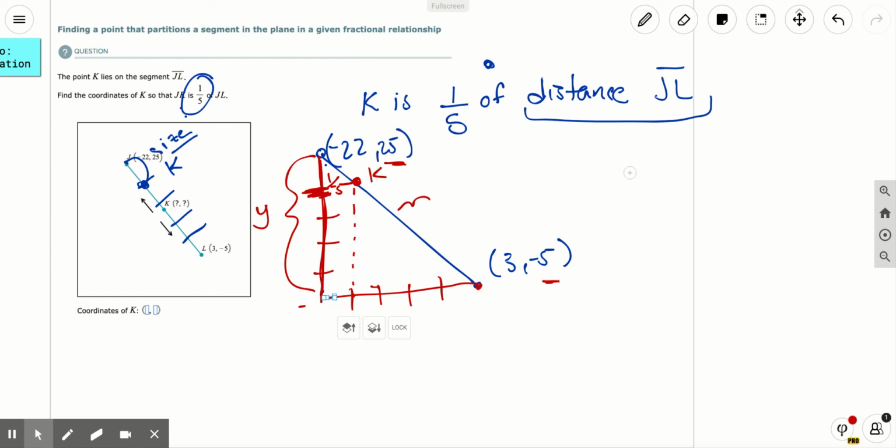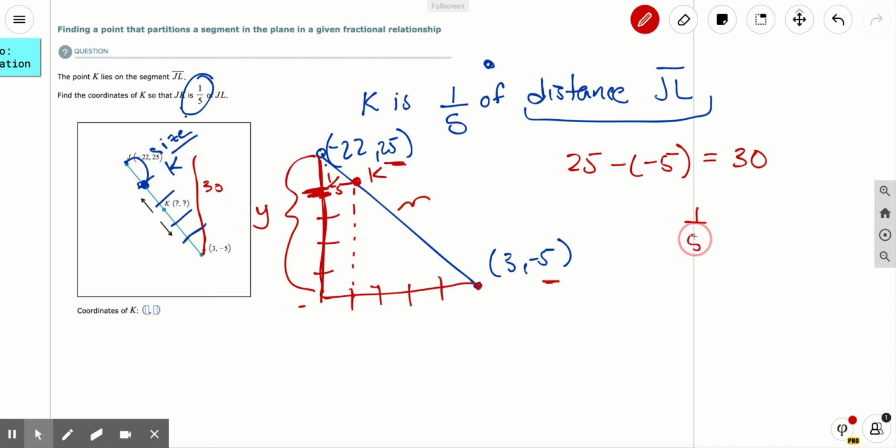If you want to find distance, you can always just take 25 minus, like subtract the numbers, is how you find a distance. 30. Okay, in other words, we're going from -5 and we're climbing all the way to 25 to get up to here, you guys. That's 30. What is 1/5 of 30?